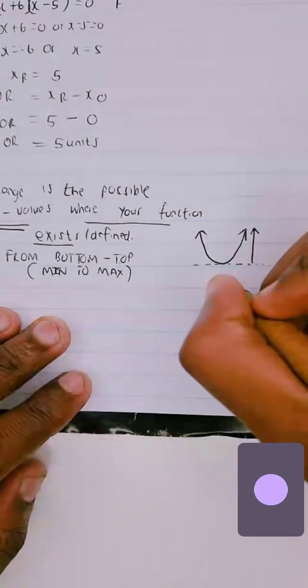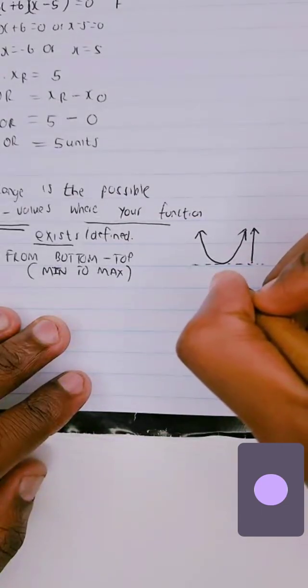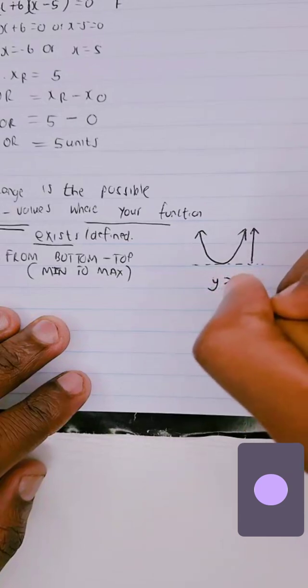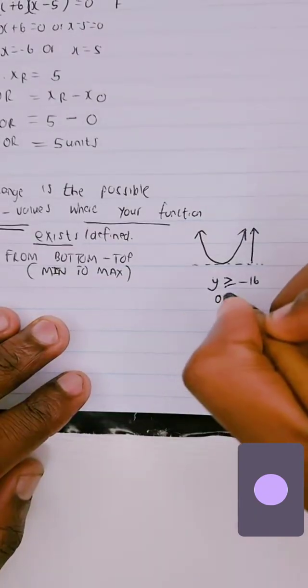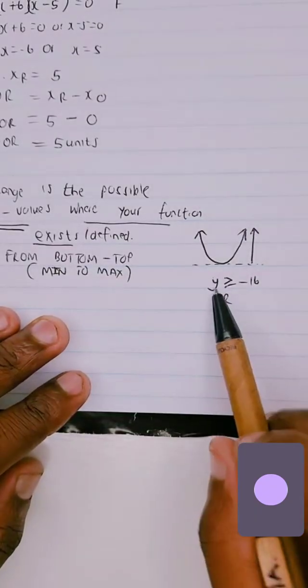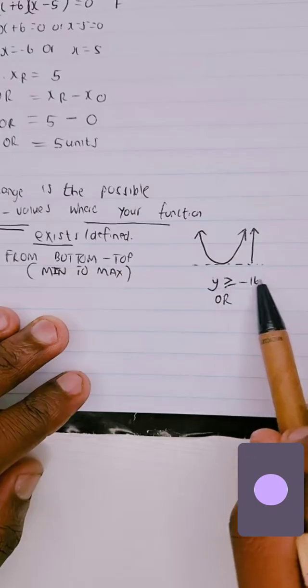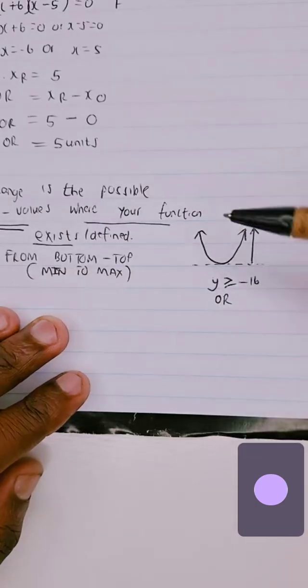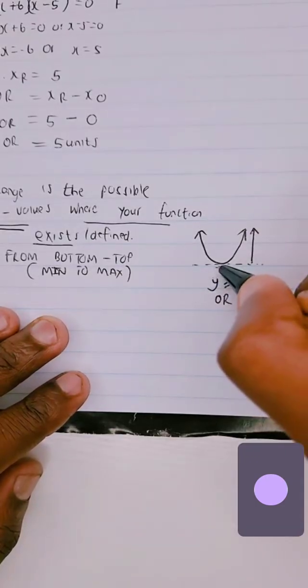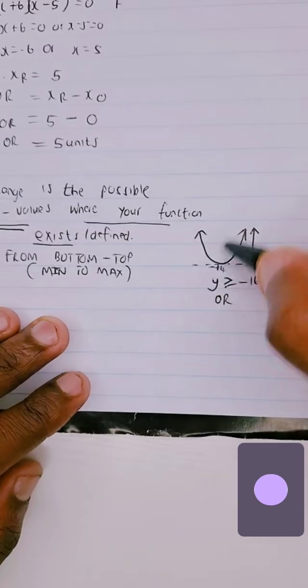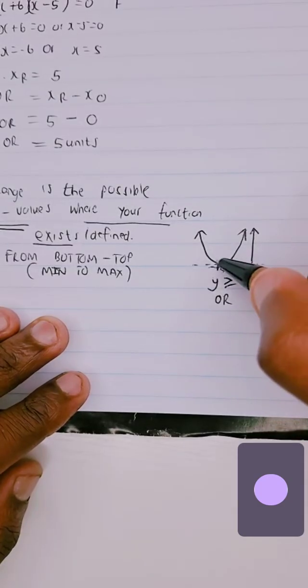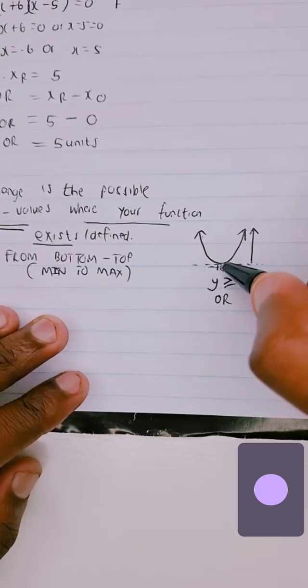Oh, okay, yes. So you can write this as y is greater than or equal to negative 16. That's one way of writing the answer. What does this mean? Y is greater means bigger than negative 16. Most negative 16 is your y value here at the bottom. Then you go on, meaning the function gets bigger than this value. It exists here at negative 16.